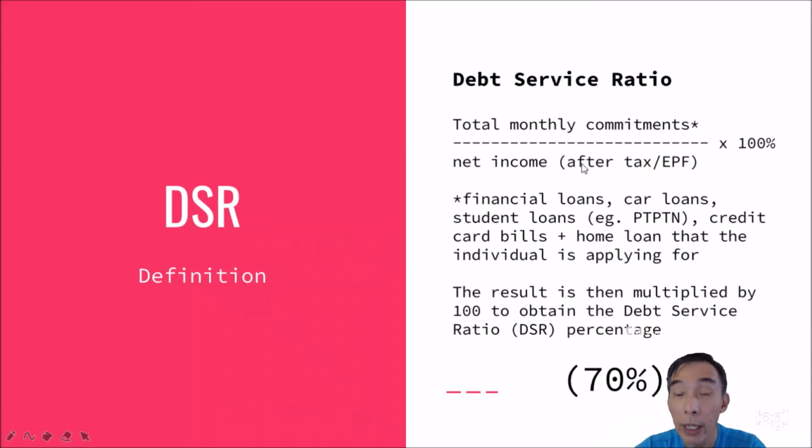Net income means when you take out the income tax and take out the EPF. Of course, if you are a salaried man, you receive a salary, your salary will have the taxes and the EPF taken out, then you receive that income, which is called the net income. So your total commitment can be a smaller amount of your net income. Of course there are some people who spend more because their net income is actually not enough.